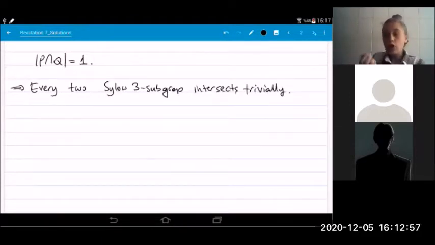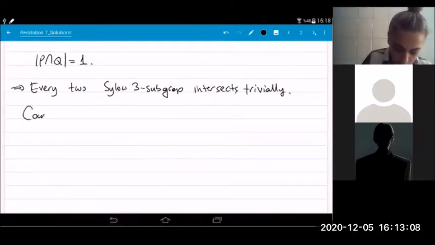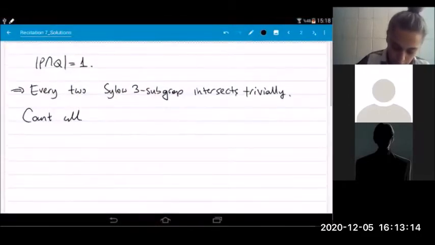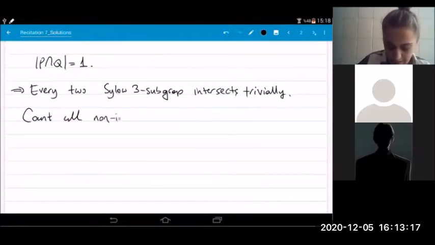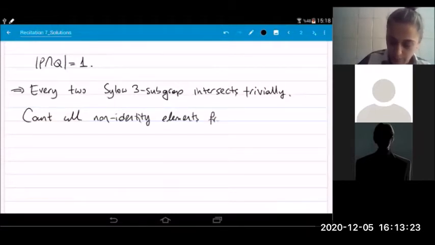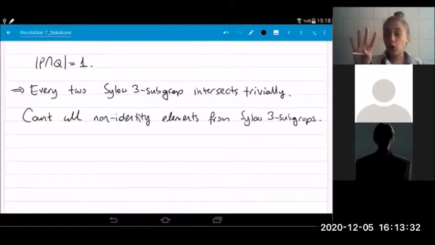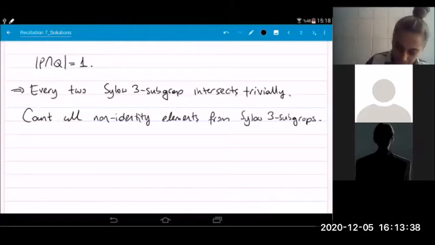So how many non-identity elements will you get from counting the elements in Sylow 3 subgroups? Count all non-identity elements from Sylow 3 subgroups. We have 4 different Sylow 3 subgroups, and each has 2 non-identity elements, right?